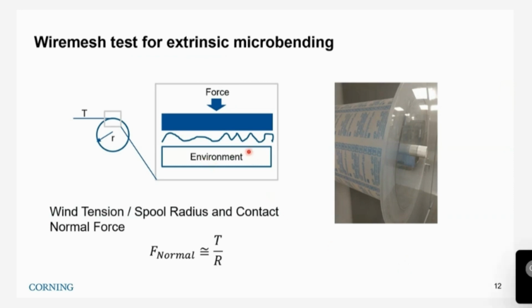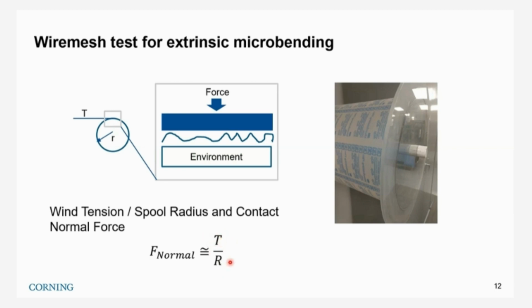For extrinsic microbending performance, we use a wire mesh test, as shown in this slide. Basically, we wrap the fiber on sandpaper and then apply force. You can calculate the force applied to the fiber.